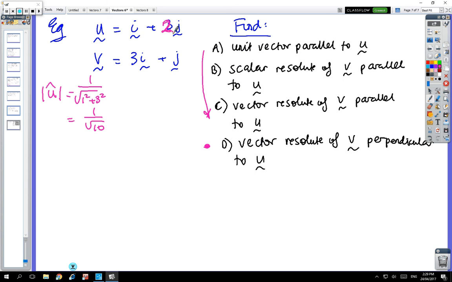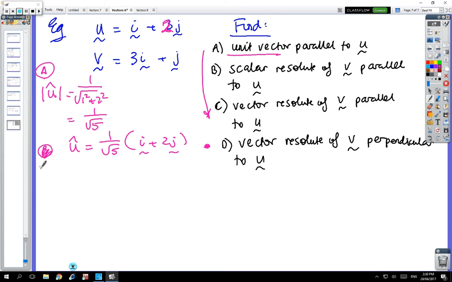In my notes I've got 1 plus 2 squared, so that equals 1 over root 5. That's part A. I'm still on the same question. So u hat equals 1 over root 5 times the vector i plus 2j.